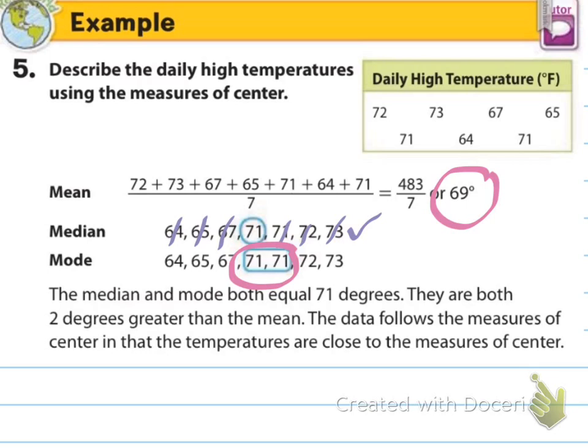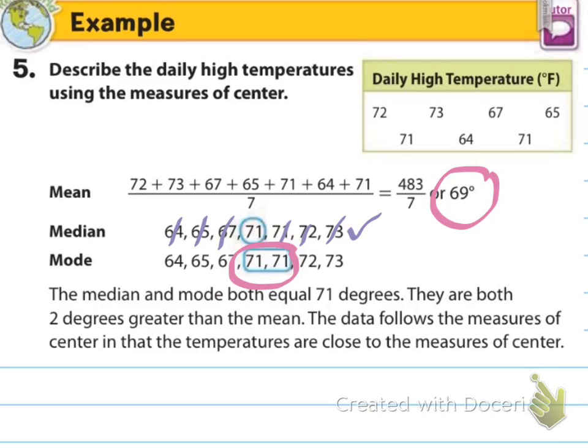So looking at these numbers, and I've got 73 all the way down to 64. Is 69 the better measure? Is the median 71 and mode 71 the best measure? That's something that we have to figure out. So to describe what happened, it says that the median and mode are both equal to 71 degrees.